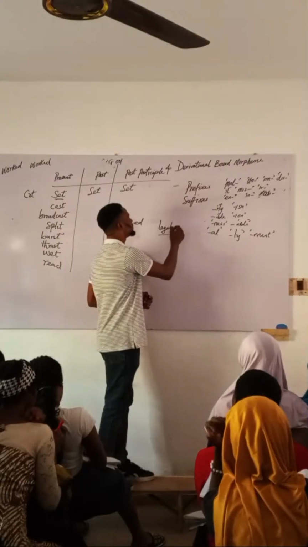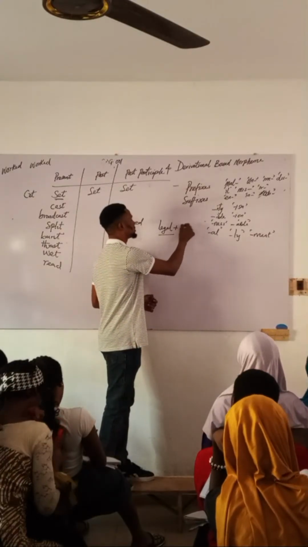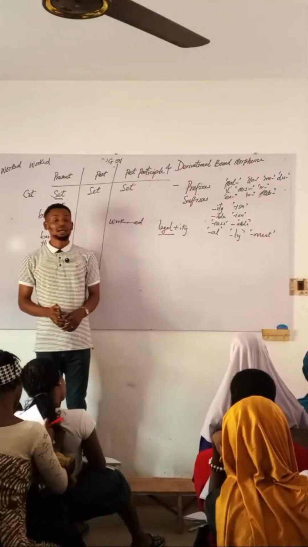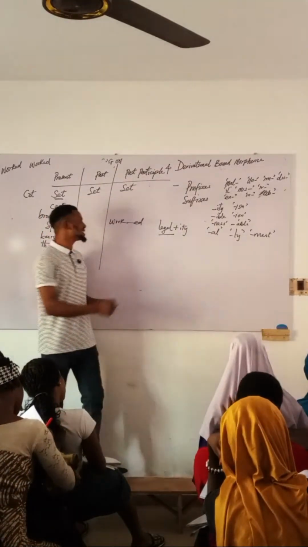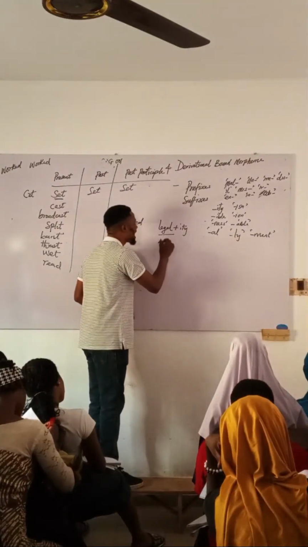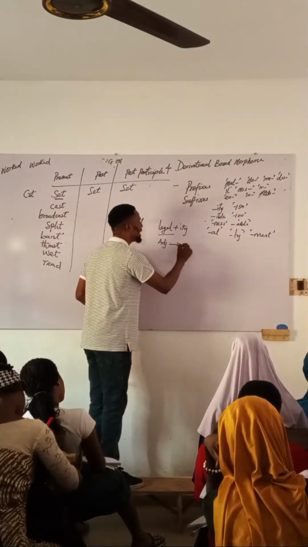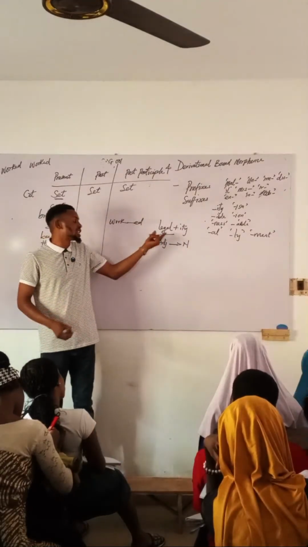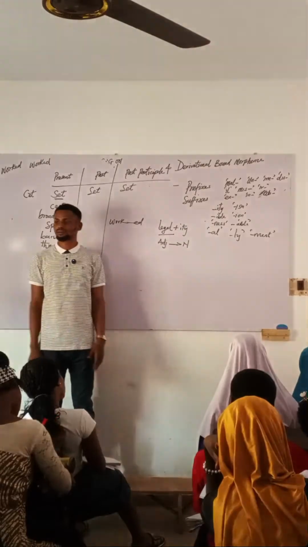If we now have plus ITY, what are we going to have? Legality. That becomes a noun. So in this case, we can see an adjective becoming a noun by addition of this, therefore causing meaning changing and class changing.